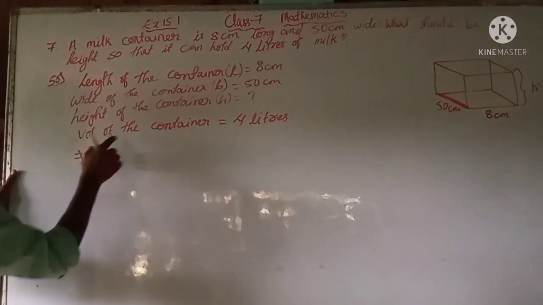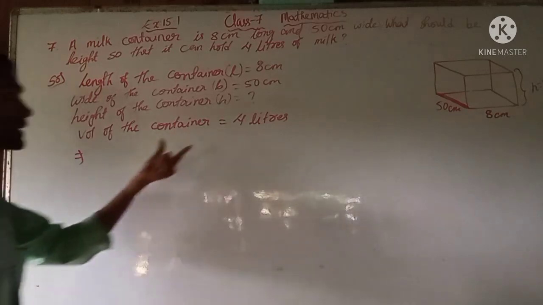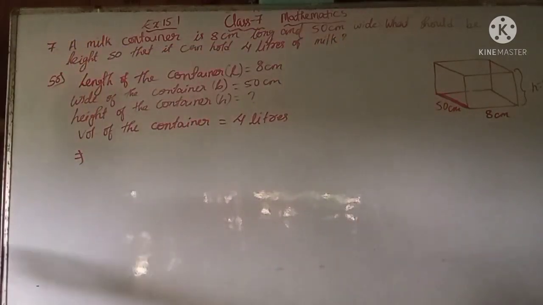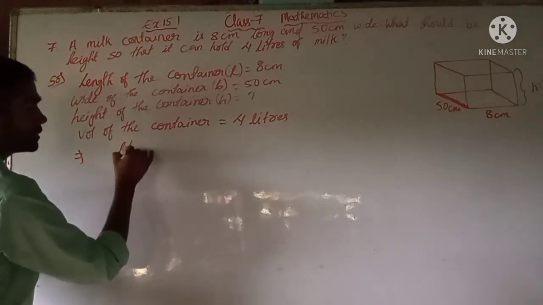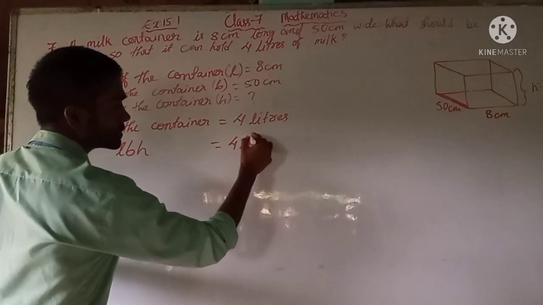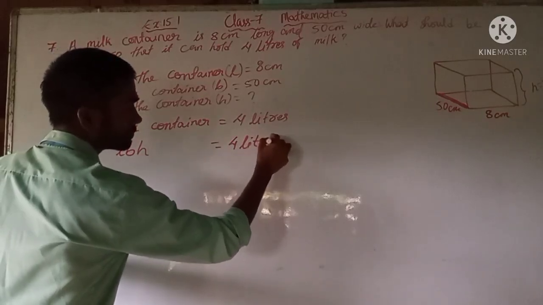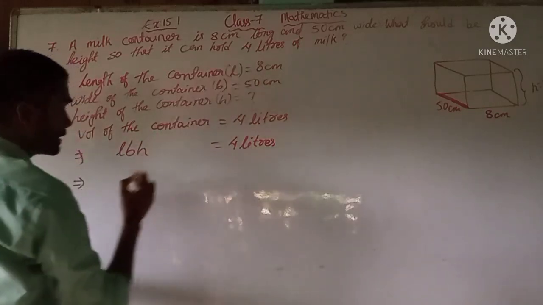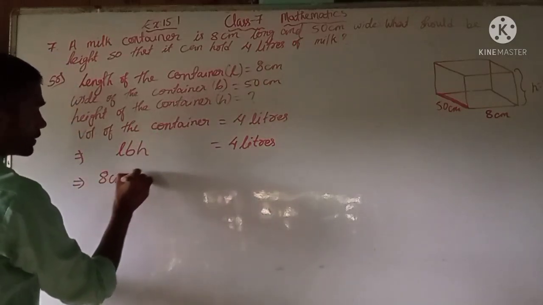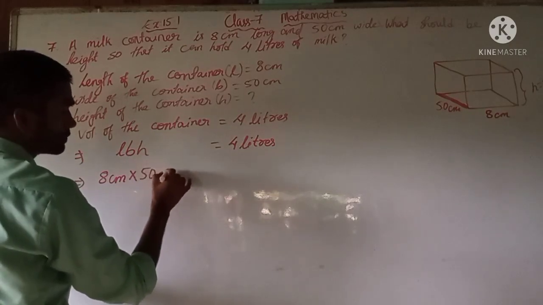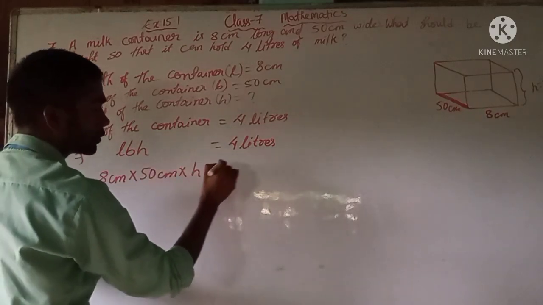Now we know the formula for volume of the container. The container is in the shape of a cuboid, so we'll place the formula for cuboid, that is length into breadth into height is equal to 4 liters. Now we'll place the values. So L, that is the length, is 8 centimeter, into breadth it is given 50 centimeter, and height we don't know.